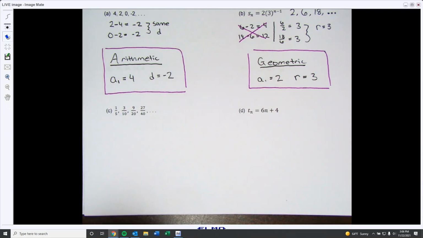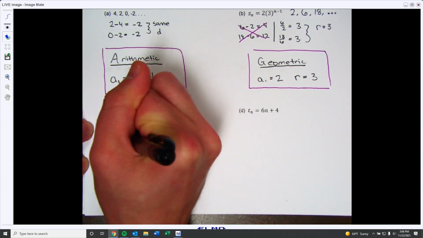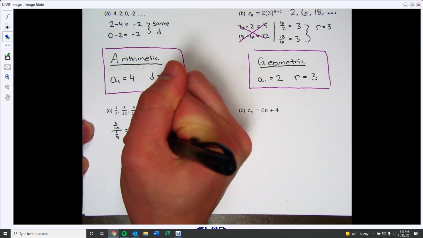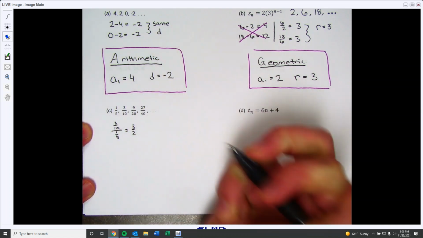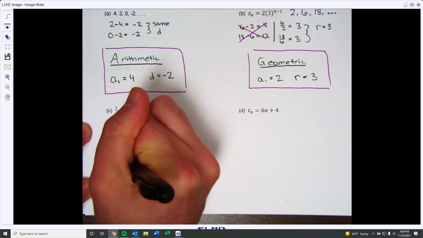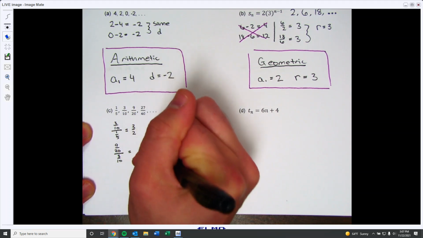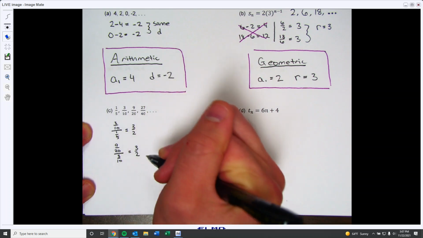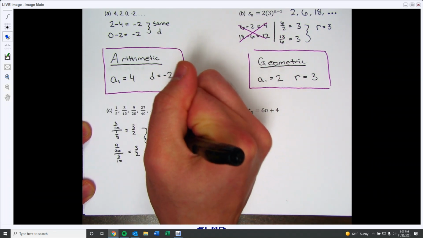So to test to see if this one's geometric, I'm going to have 3 over 10 divided by 1 over 5. This gives me 3 over 2. Okay, and now doing it again, I have 9 over 20 divided by 3 over 10. That winds up giving me 3 over 2 also. Those are the same.